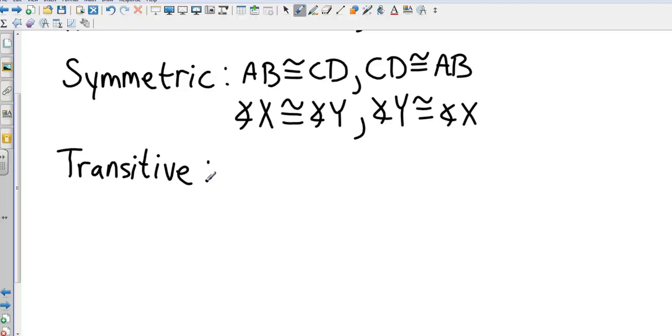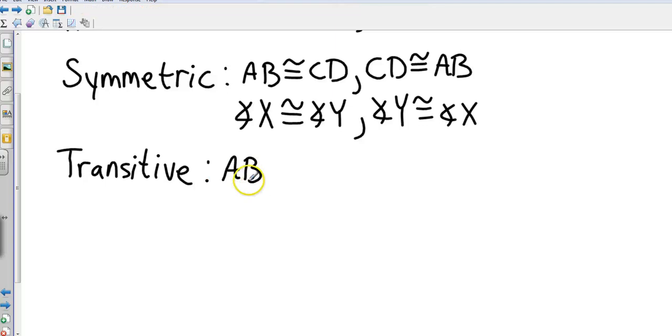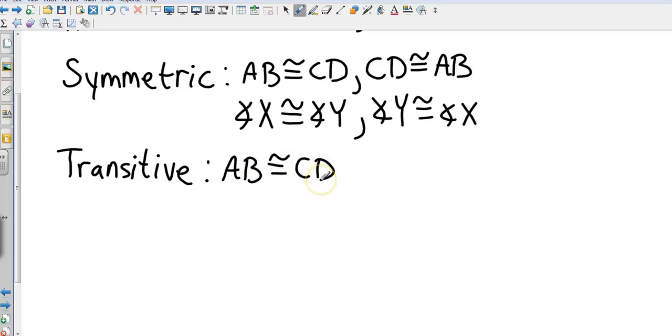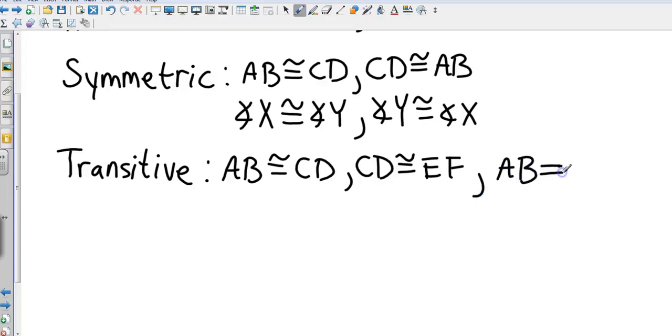And so if I had AB congruent to CD and CD is congruent to EF, then that would mean that AB is congruent to EF.